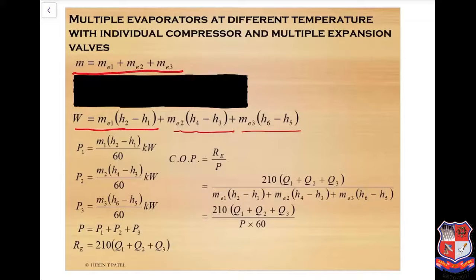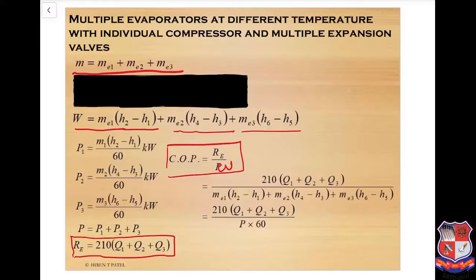The refrigerating effect is the same as 210 into Q1 plus Q2 plus Q3, and COP will remain the same, that is RE by W, that is refrigerating effect divided by work done. So this will be COP.